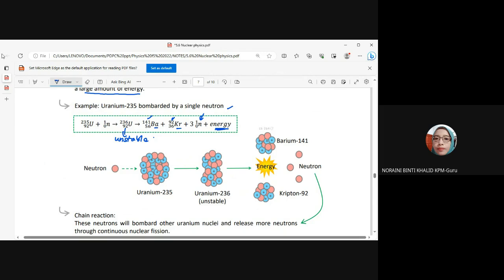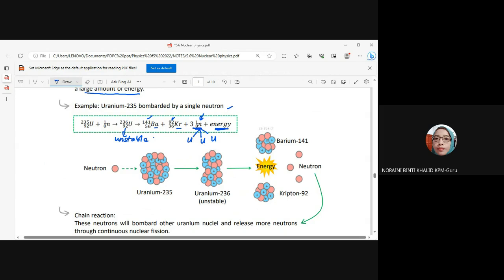Okay. As you can see here, one uranium, it release out 3 neutron. So what happens to the 3 neutron? The possibility is that these 3 neutron will continue to collide with another uranium nucleus. Because not only one uranium inside, and there are maybe millions of uranium atoms inside. So these 3 neutron will continue to collide another 3 uranium and produce the same process.